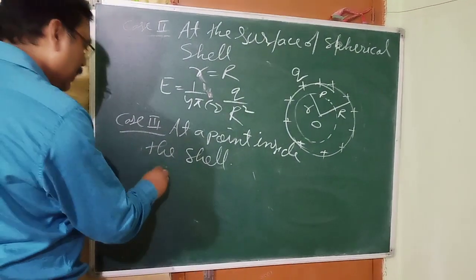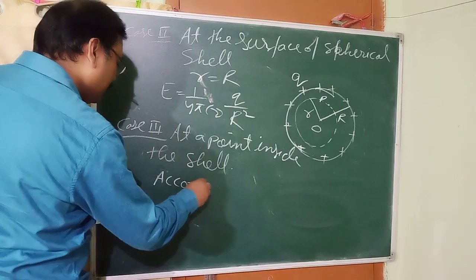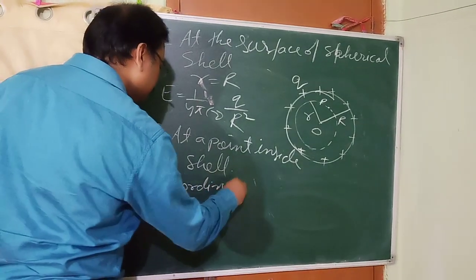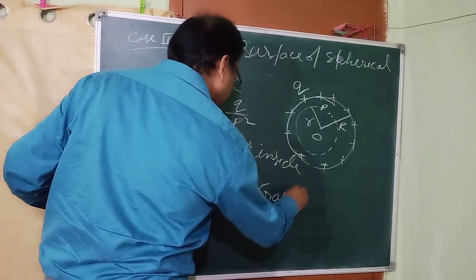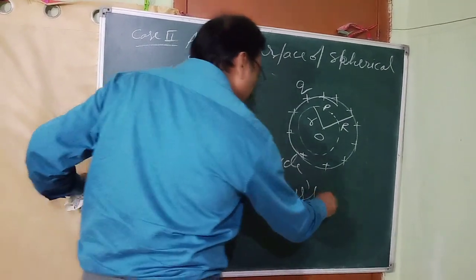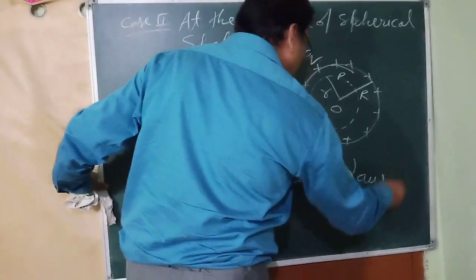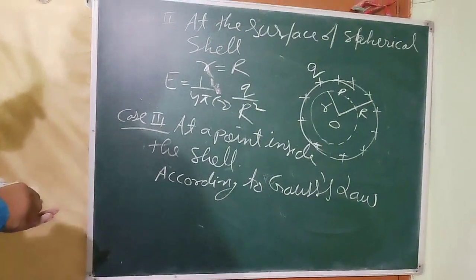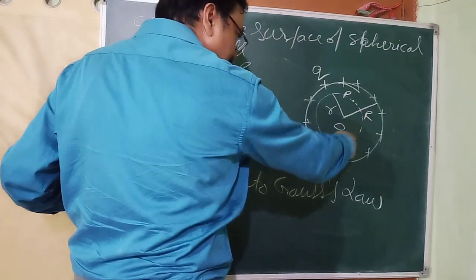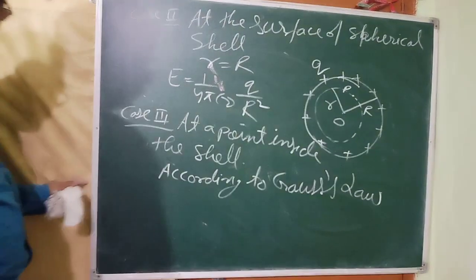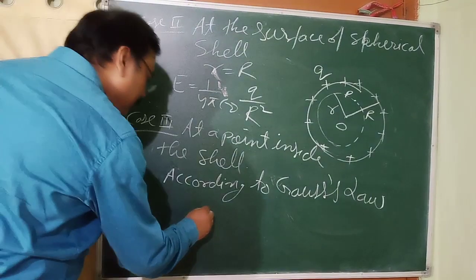What will happen according to Gauss law? What is the net charge enclosed in this Gaussian surface? Is there any charge inside this Gaussian surface? Can you see it? No. So what is the flux?